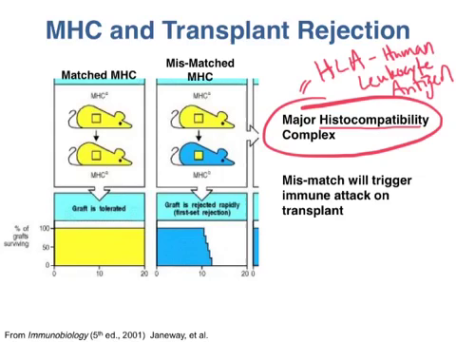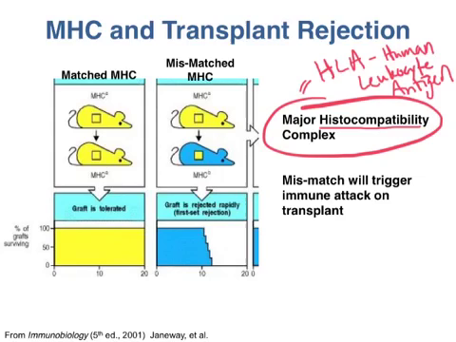You want them to be as identical as possible. I mean, you're never going to get complete and total identical MHC unless you're talking about identical twins, of course, because it's highly variable in the human population. But you want to get it as close as possible to maximize the success of the organ transplant.